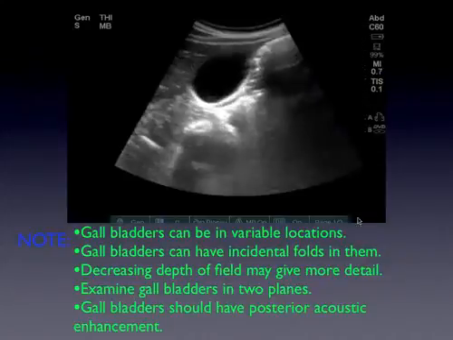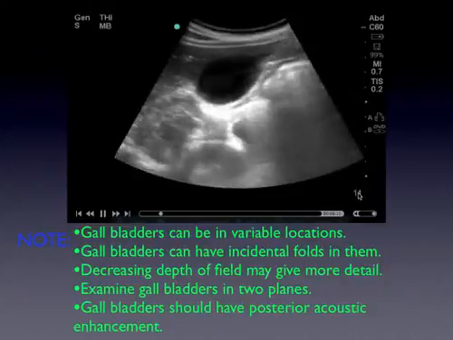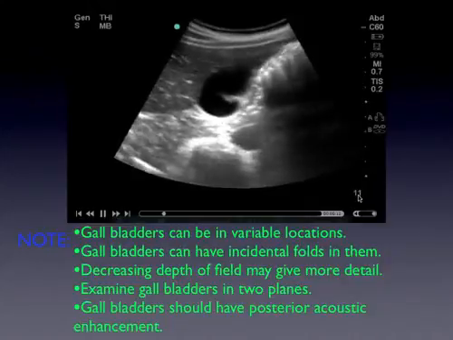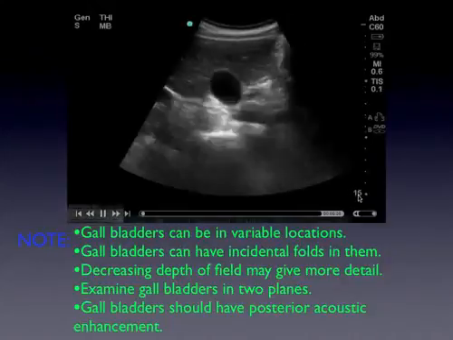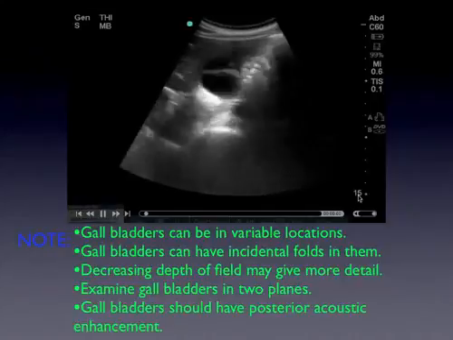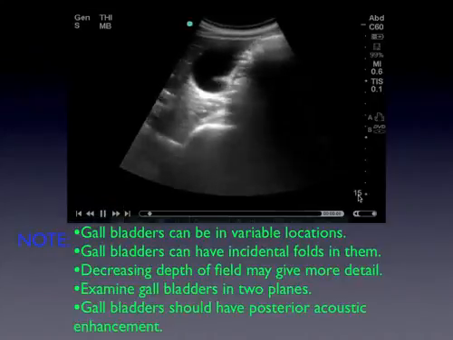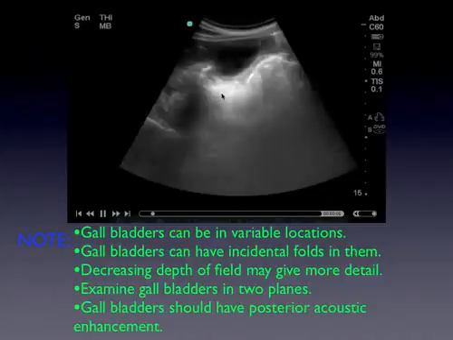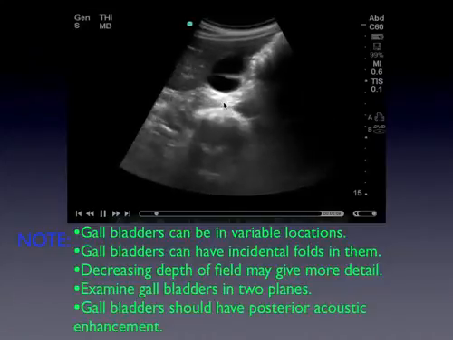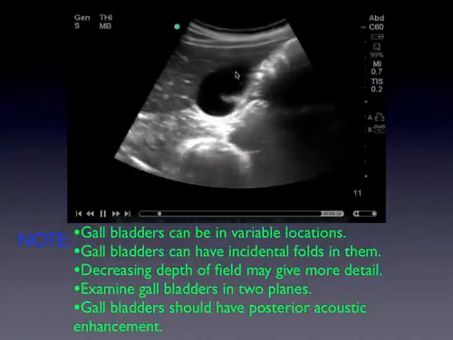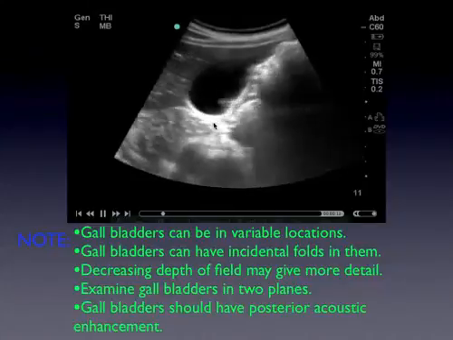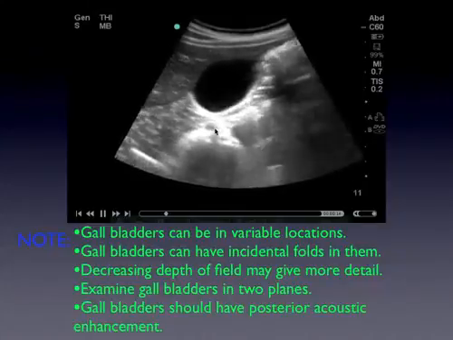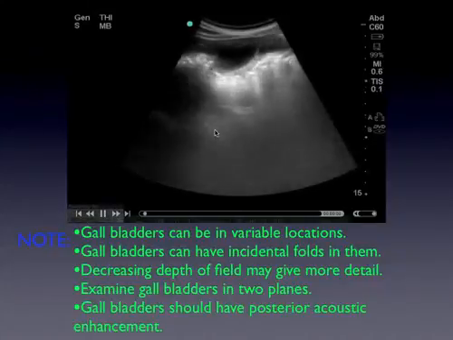Decreasing the depth of field, as we mentioned before, by changing over here from 15 now to 11, can make the image more clearly. You want to examine the gallbladder in 2 planes, and the gallbladder should show posterior acoustic enhancement, as any hollow structure that's fluid-filled will have, such as the urinary bladder as well, posterior to the structure.